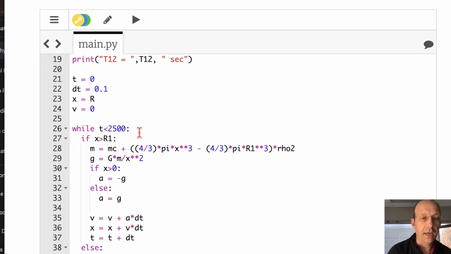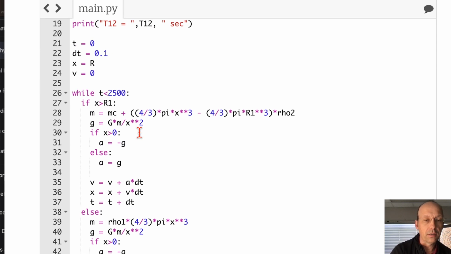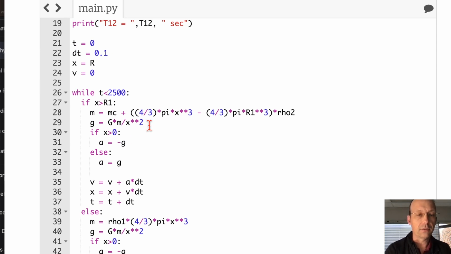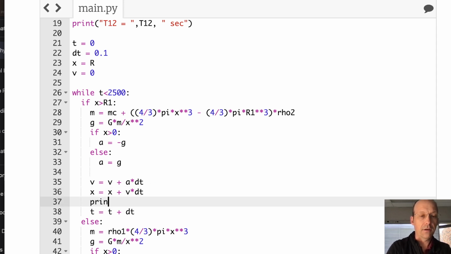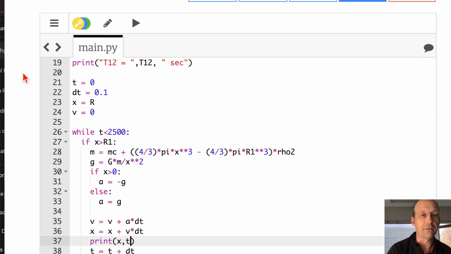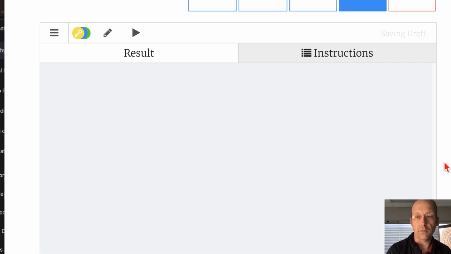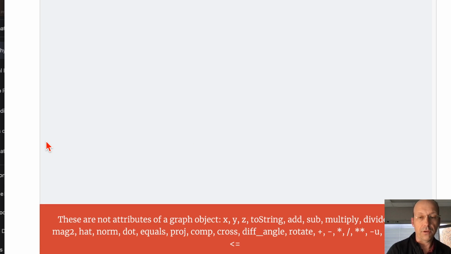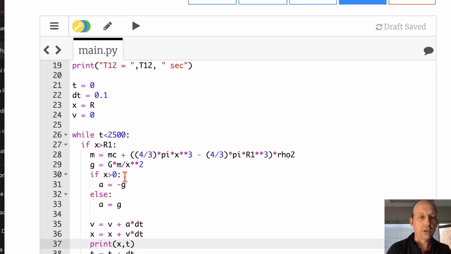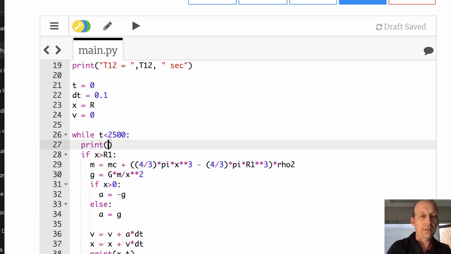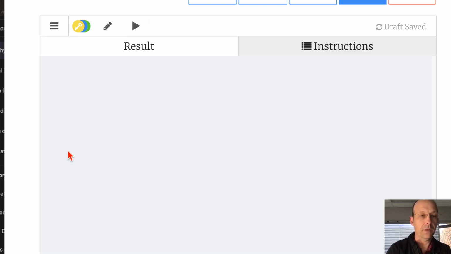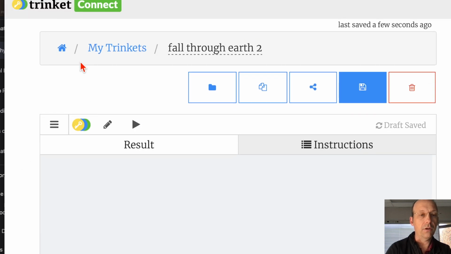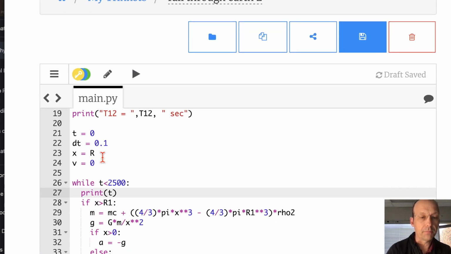T equals 0, x equals r. Let's just do this. I'm going to print down here, print x and t. Let's just see if it prints stuff out. No. So it's higher than that. So let's say print t. Didn't do that. Oh, you know what? I bet it's a graph problem.